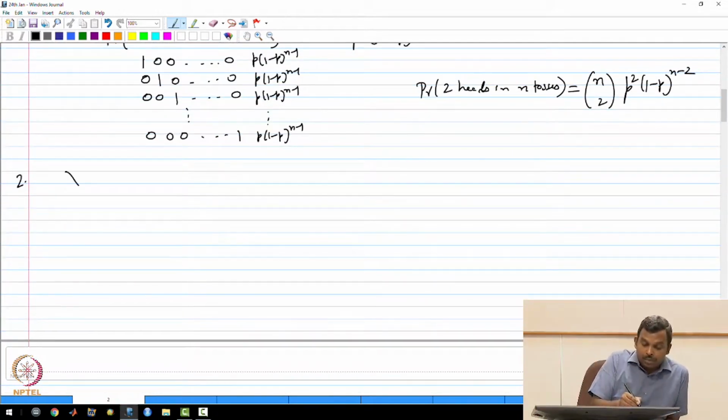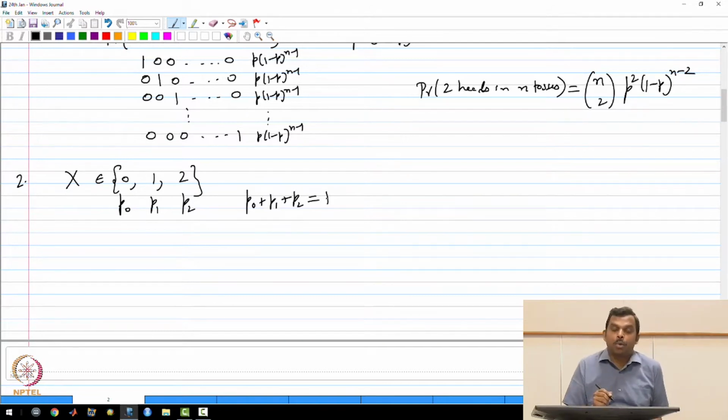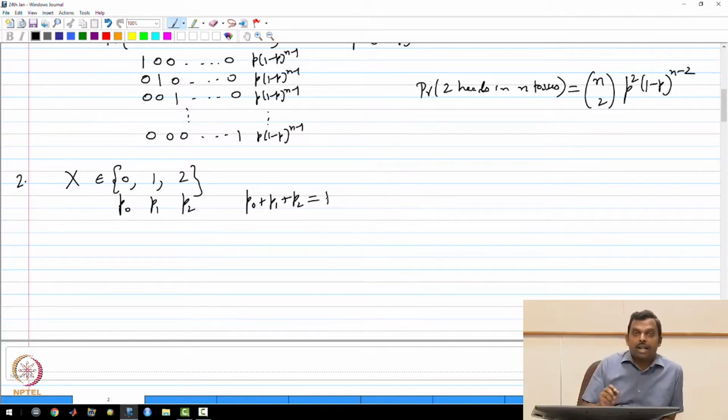Okay, so I'm going to say x is a random variable. It takes, let's say, 3 values, 0, 1, 2, and the probabilities are p0, p1, p2, and remember p0 plus p1 plus p2 has to be equal to 1, right? So this has to be a valid probability distribution. So I'm looking at a random variable which, instead of taking 2 values 0 and 1, now takes 3 values 0, 1 and 2.